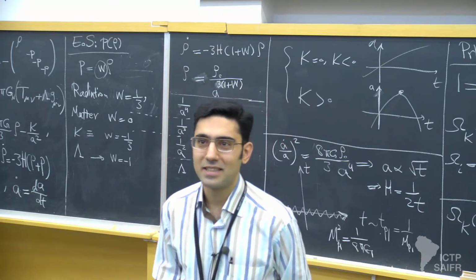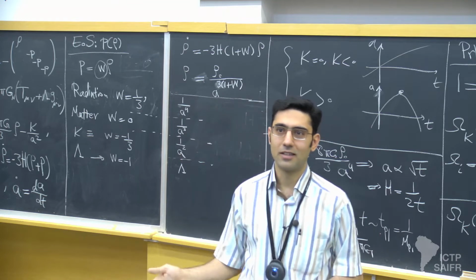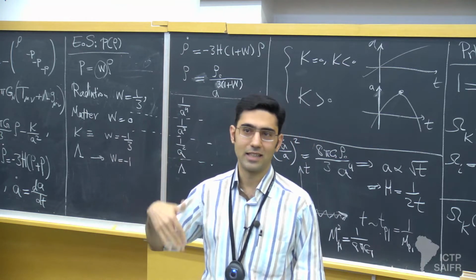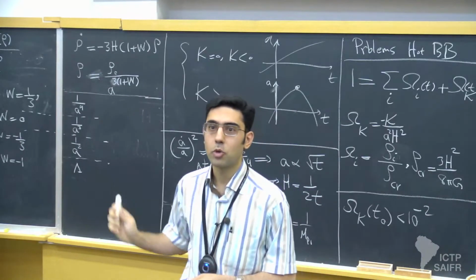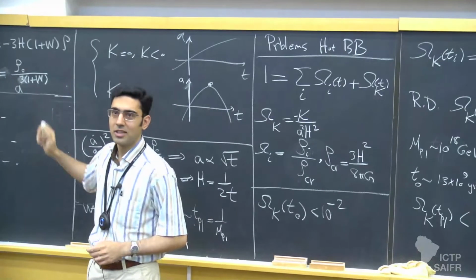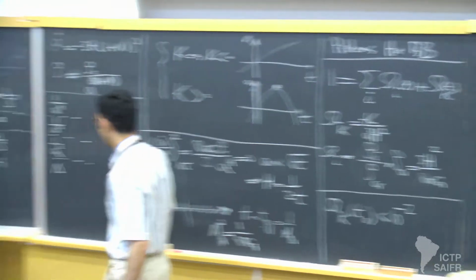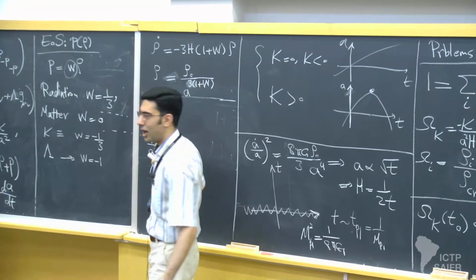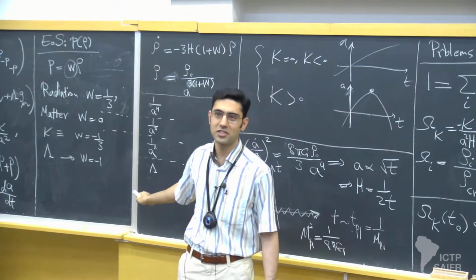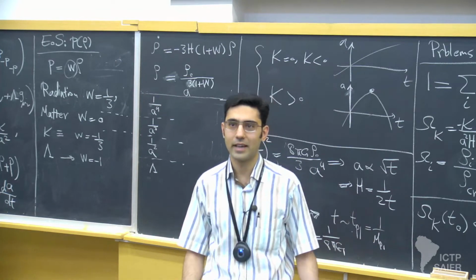In fact, in reality, it's not 1/3 all the way. It's 1/3 at the beginning, and then it changes to something else. The point is that as long as W is something that is not what I'm going to call inflation, this problem is going to be there.